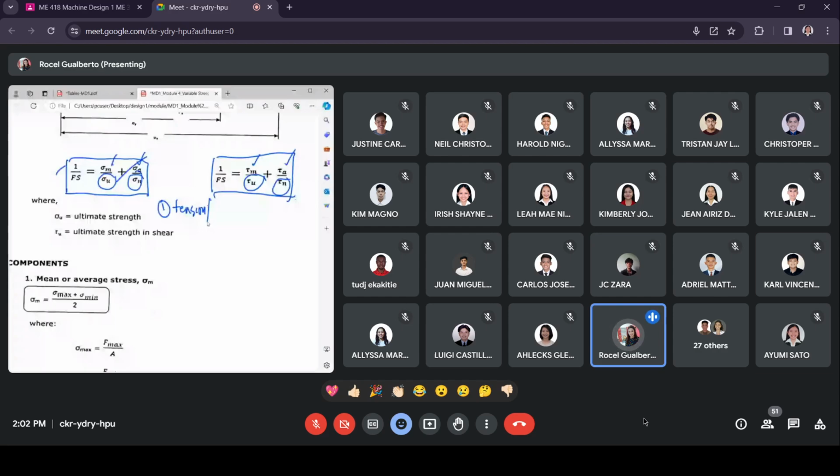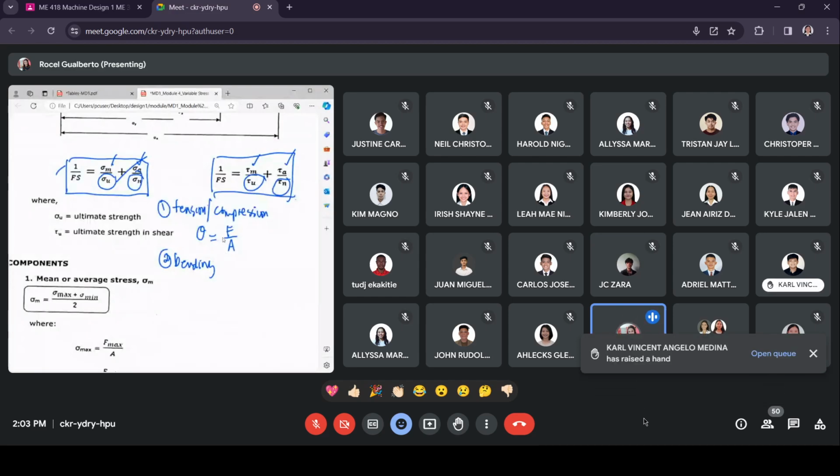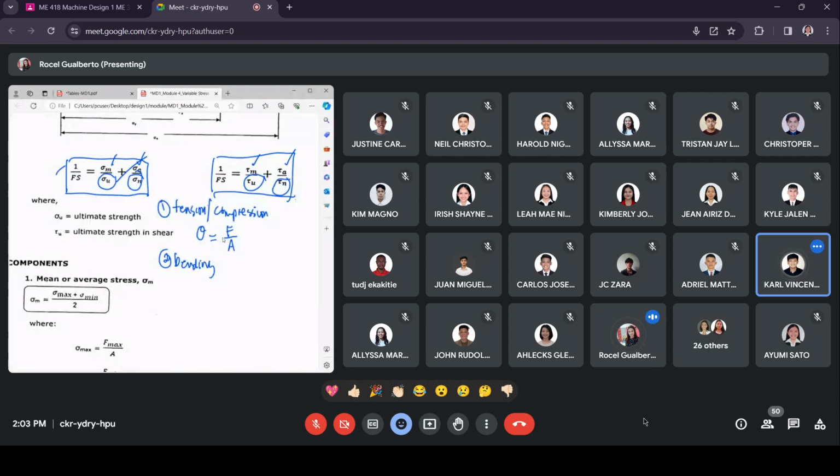What is our equation for stress in tension and compression? Sigma equals force over area. What is our equation for bending? Those are simple stresses. Yes, Carl: flexural stress is equal to MC over I. Correct.